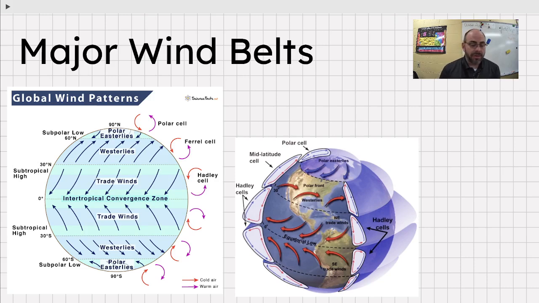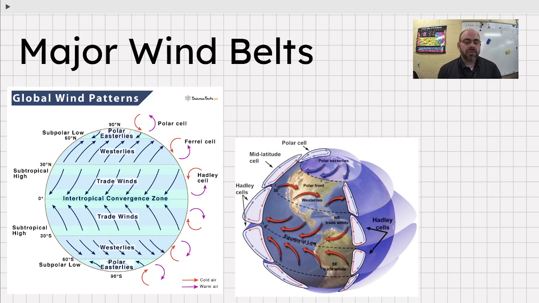Then you have the intertropical convergence zone there at the equator. This is the region at the equator where the trade winds meet. It's characterized typically by lots of rainfall and lots of thunderstorms, because the warm air rises and gets rid of its moisture.